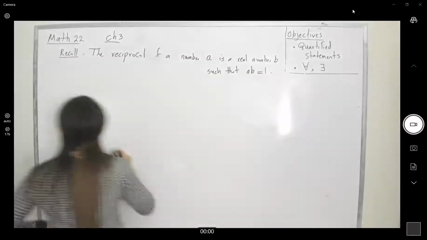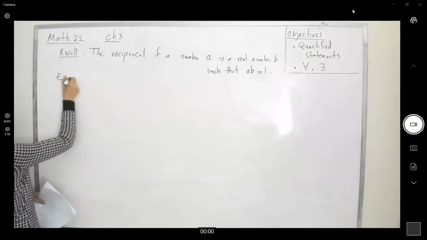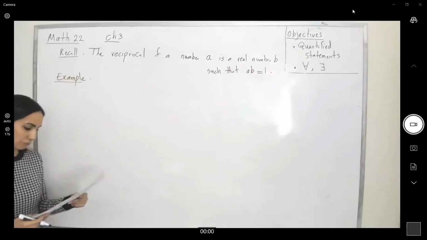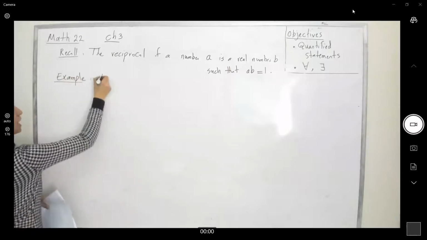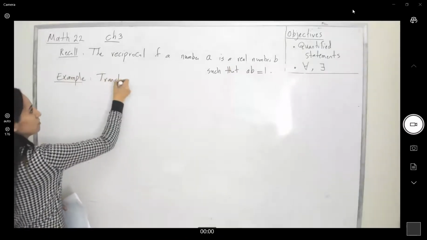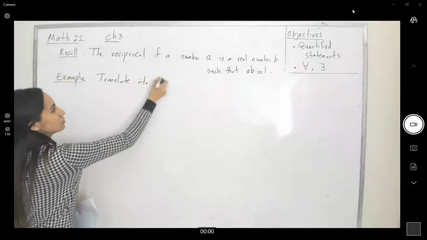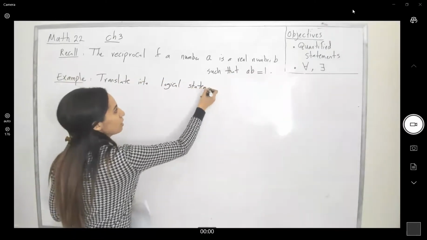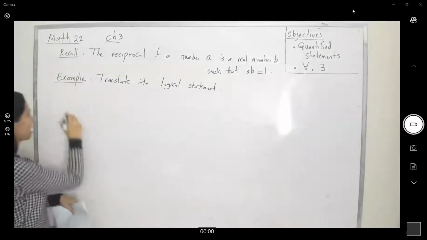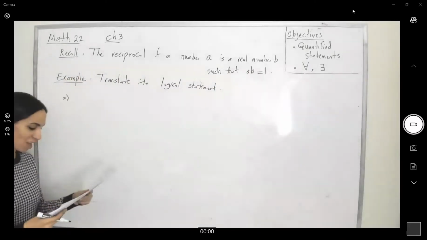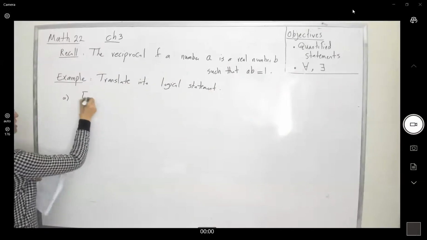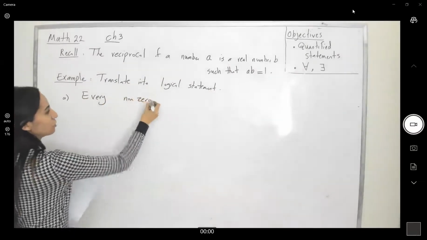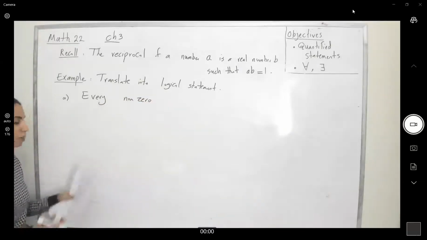Take a look at this example. Translate into logical statements. Well, let's see what we have. The first one says, every non-zero real number has a reciprocal.